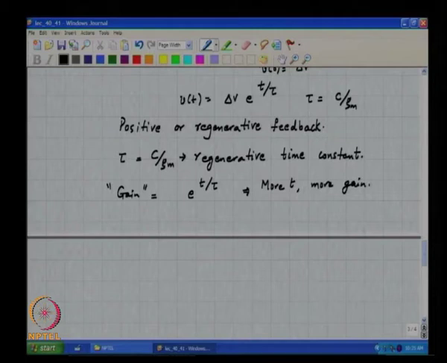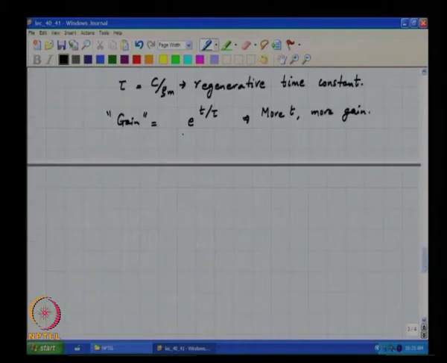So, in practice what happens is that the amount of gain you have is limited to the amount of time you can wait for. In a flash converter, for instance, right, the comparator array has to make a decision within a finite amount of time. That time cannot exceed 1 clock cycle, because the array has to get ready for the next input, right.